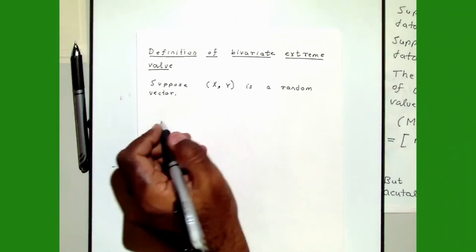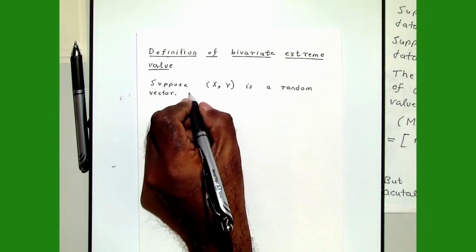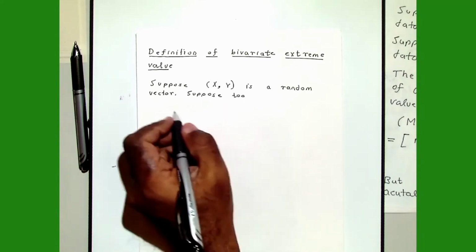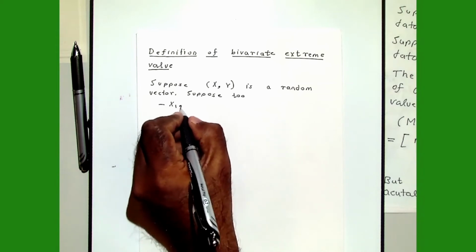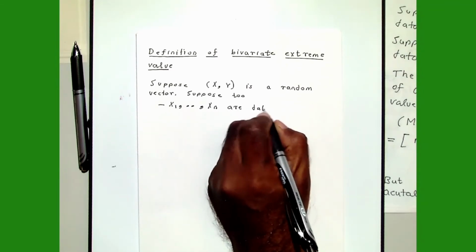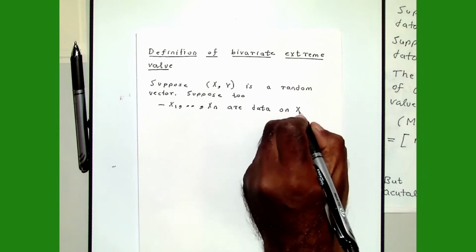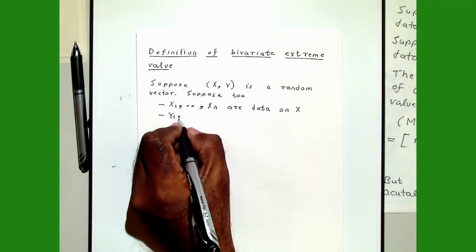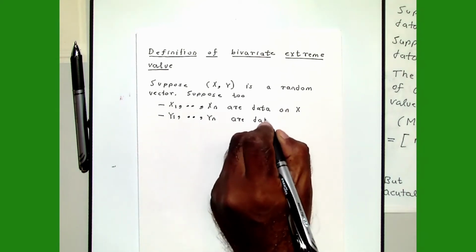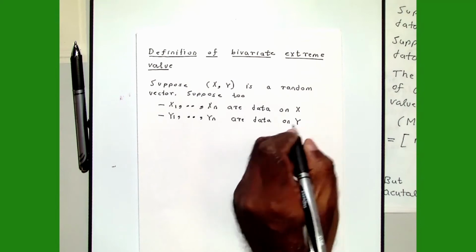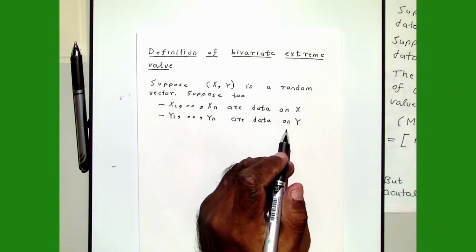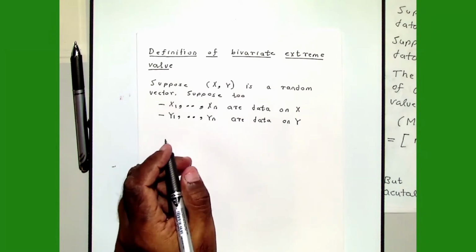That's one example. So you have data on X and you have data on Y. Now there are many different ways to define a bivariate extreme value.